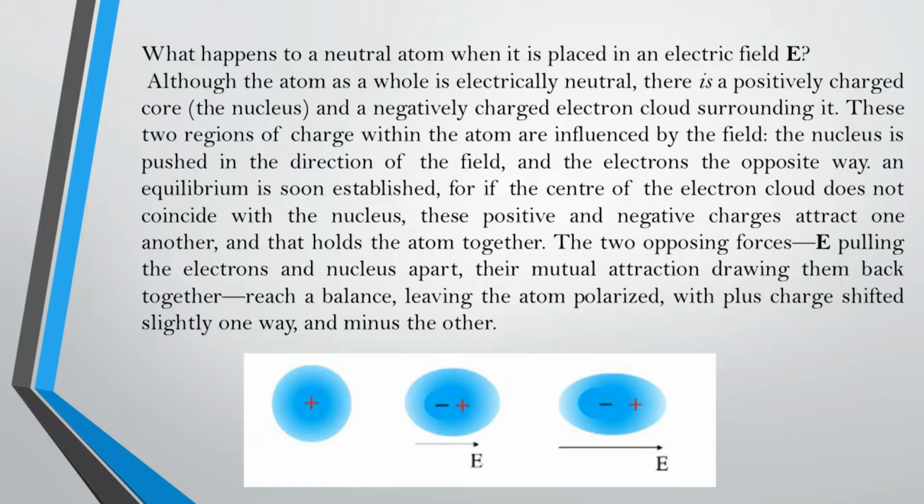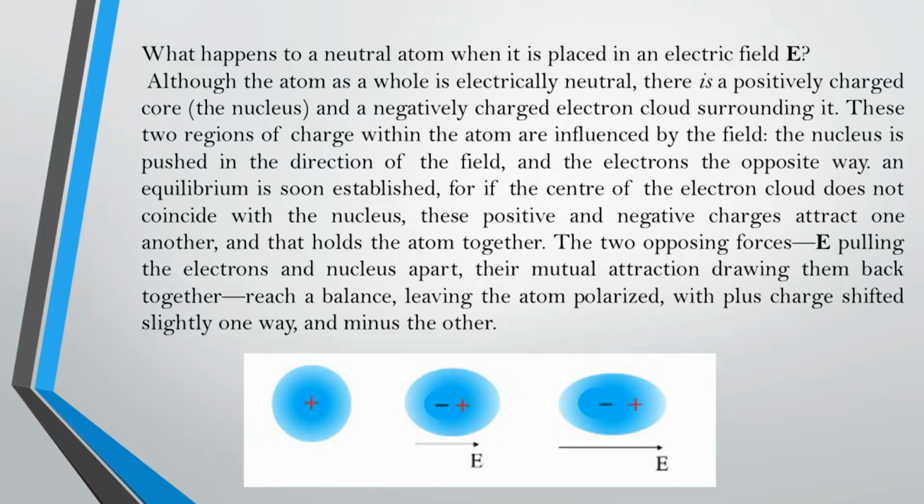So suppose there is a neutral dielectric atom. Now we are applying an electric field. Then what will happen? The atom as a whole is electrically neutral, right?